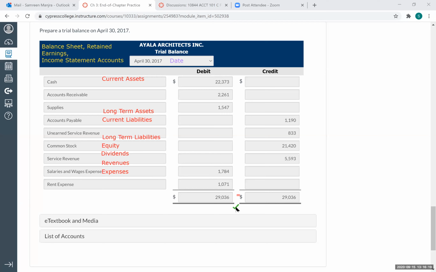And this is something that you want to check for. This basically tells you that your accounting equation is in balance, but there are some limitations to the trial balance that you want to be aware of.